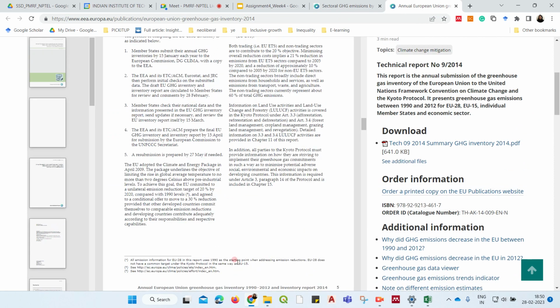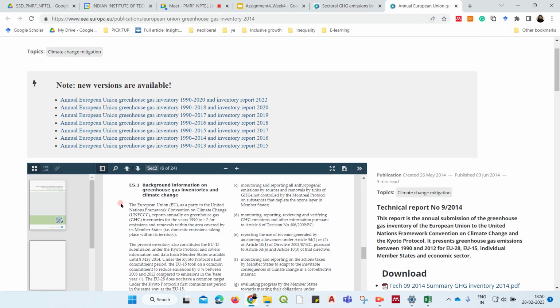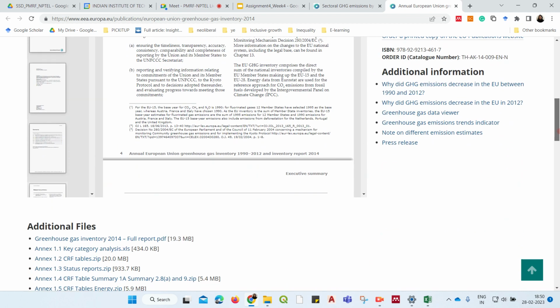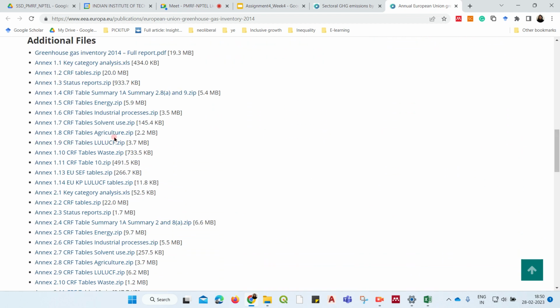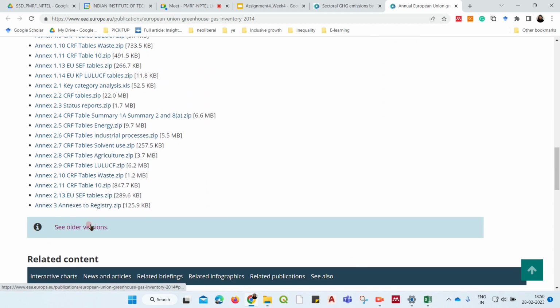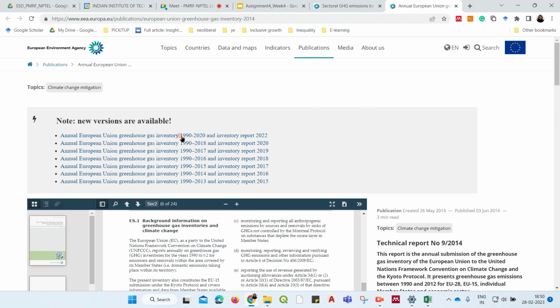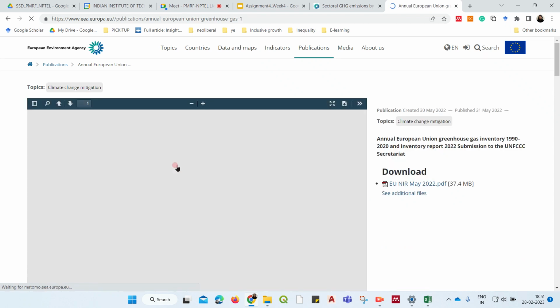So, for example, this is the 2012 report, and from here you can also see different tables associated to this report. So specific tables for agriculture, for industrial processes, etc. And then you can even go to the latest reports or reports from other years if you want. And if you want to make some analysis or some calculations for yourself, that also you can do.